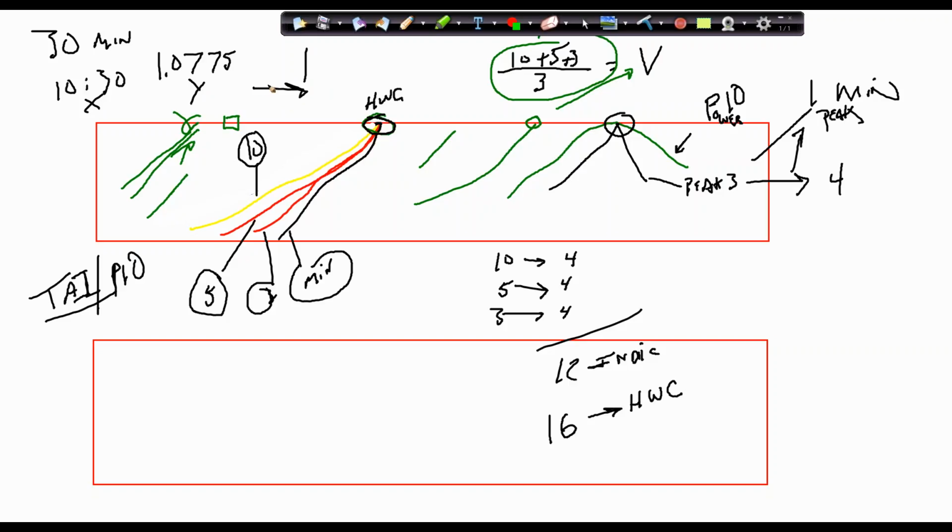Because guess what? Here's 10:30 on my 1-minute chart or my 5-minute chart or whatever, and here's the price, 107.75. We're talking about multi-wave, so that's a bad move. 77.7. So in multi-wave, I have 10:30 and 77.7. 77.7 is in the 0 to 100 scale. 10:30 is in the same time scale.